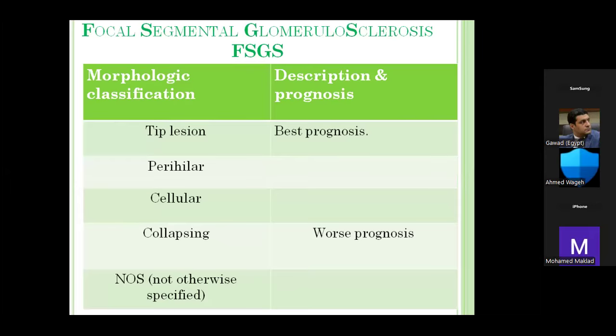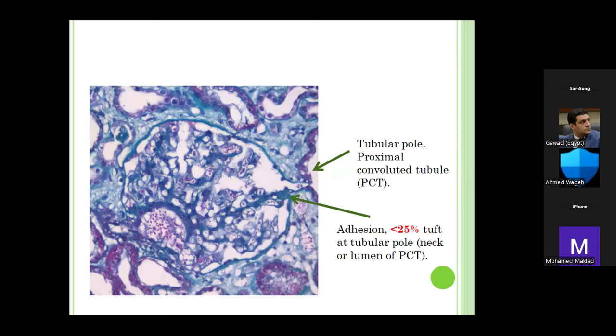So the morphologic classification, as we have said, let us go through these in light microscopic pictures and see what this means. What is known as the tip lesion means that the tip, which is the tubule. So here we need to recognize where is our hilum and where is our tip.